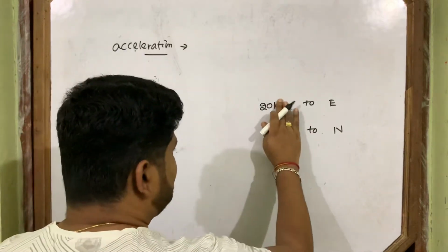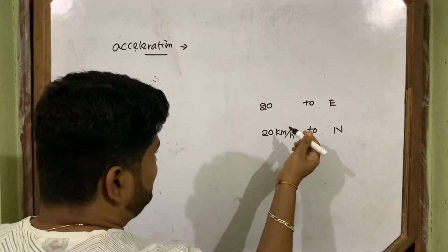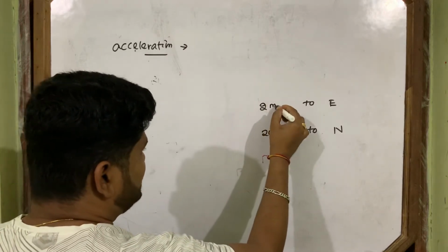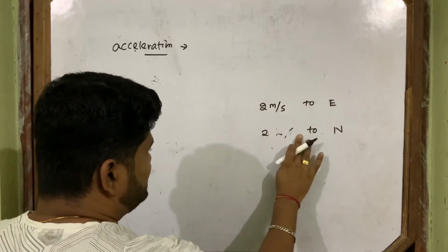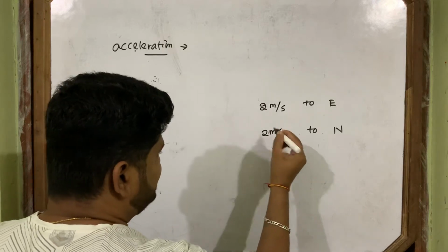Let's take 20 km per hour, it's not possible for you, so let's take 2 meter per second, for easy calculation.